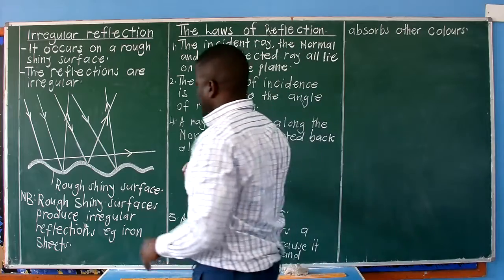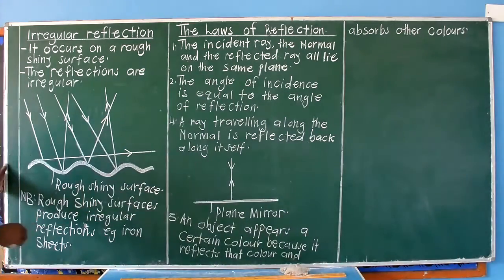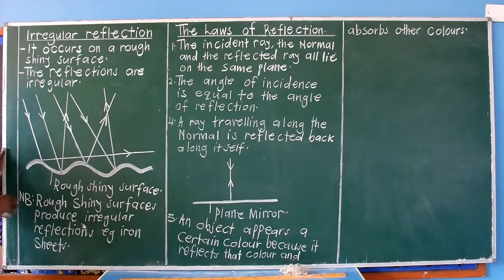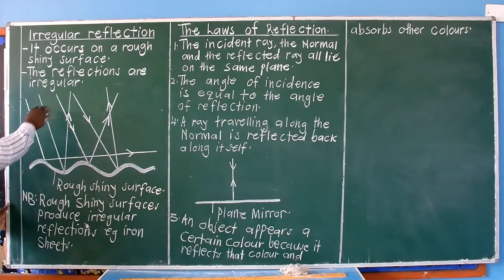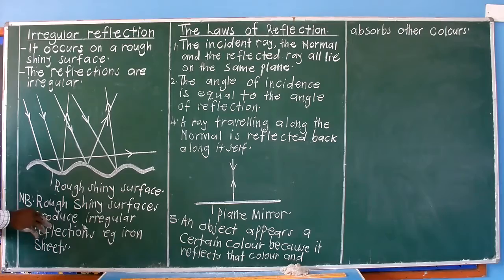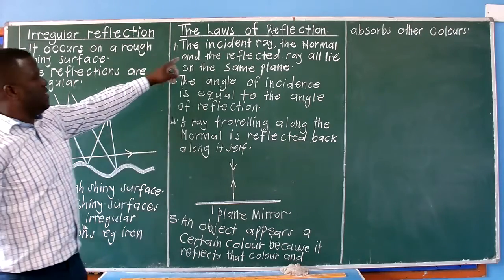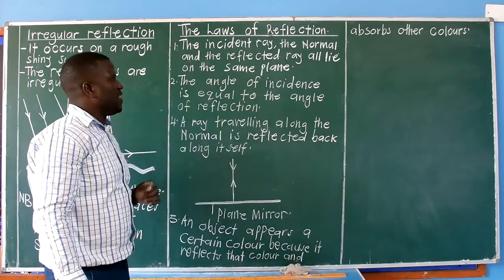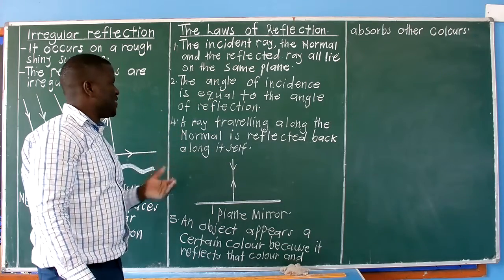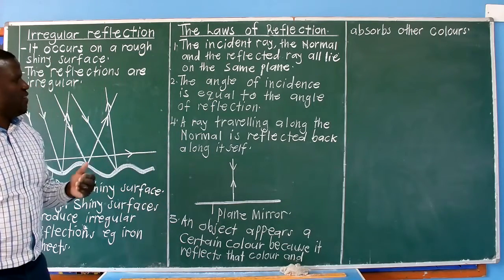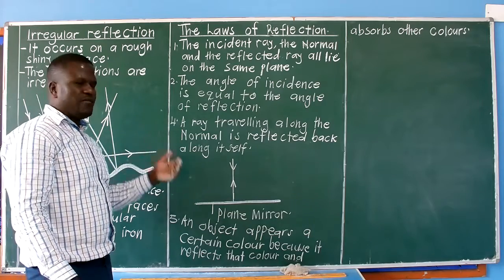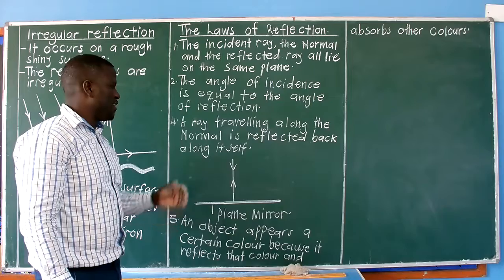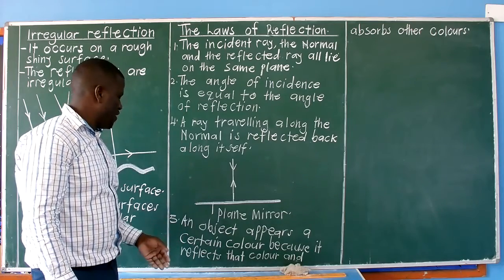So these are what you call laws of reflection. The incident ray, the normal, and the reflected ray all lie on the same plane. The angle of incidence is equal to the angle of reflection. A ray traveling along the normal is reflected back along itself.